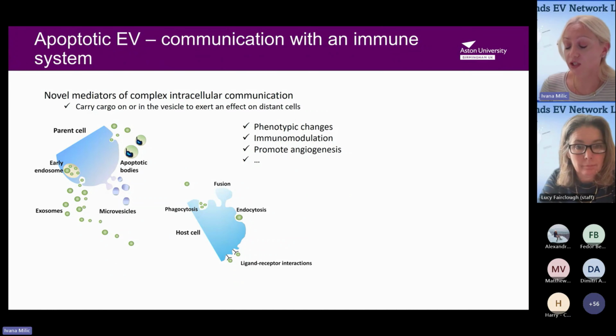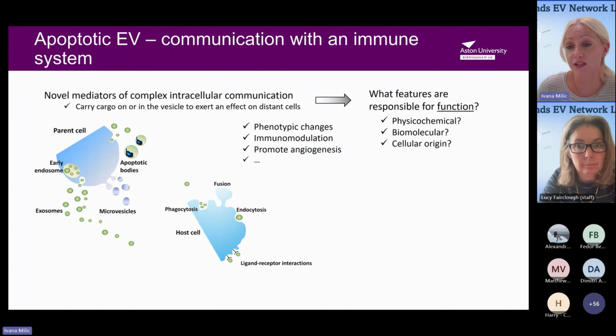So the question that we are asking is actually which feature of the EV is responsible for the functions that various groups up to date have seen. Are those physicochemical features? Are we talking about the size? Are we talking about the surface charge, perhaps? Are those biomolecular features? Is there a biomolecule that is responsible for all of these effects?